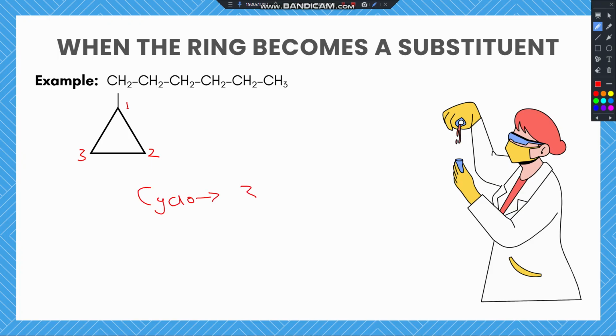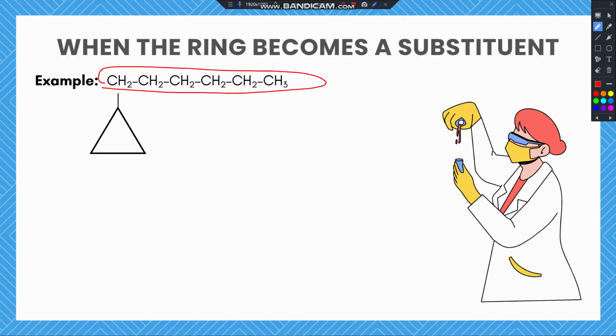The cyclo has 3 carbon atoms. For the acyclic structure, I have 1, 2, 3, 4, 5, 6 carbon atoms. So for the acyclic structure, there are 6 carbon atoms. So it simply means that the parent structure will become this one and not this one. Therefore, I will treat this one as the parent structure, and this one becomes a branch.